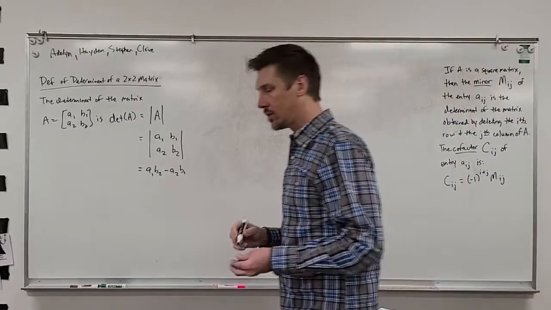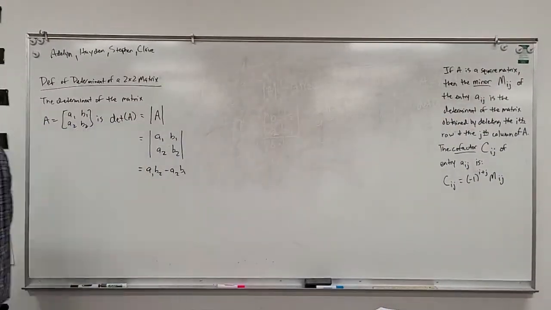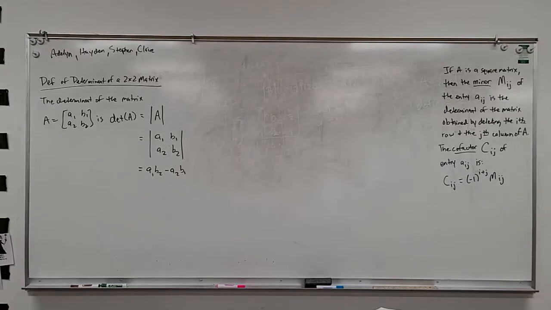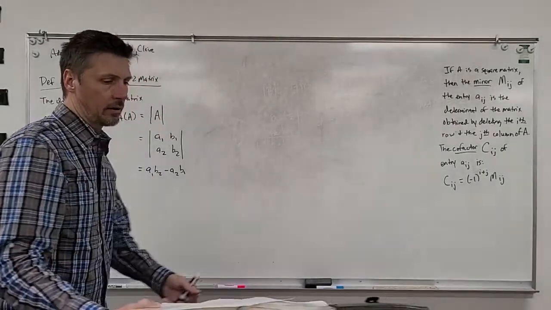And all that means is that C is going to have the same absolute value as M, but the sign may flip on it, depending on which row and which column you're in. It's a lot harder to write that down than it is to just show you the example.